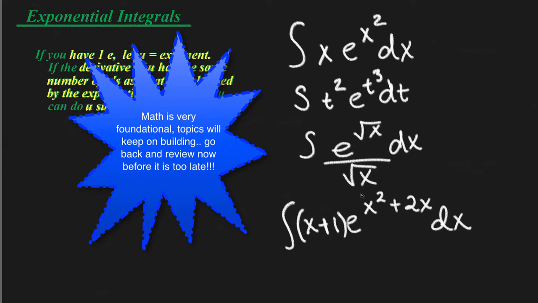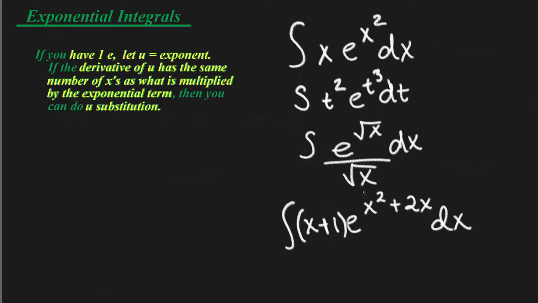Alright? If you're not familiar with your u sub, go back and practice. This last one, even at first glance, you might say, wait, there's two terms, there's no way that's going to happen. But here the derivative is 2x plus 2, and you can factor out a 2, right?